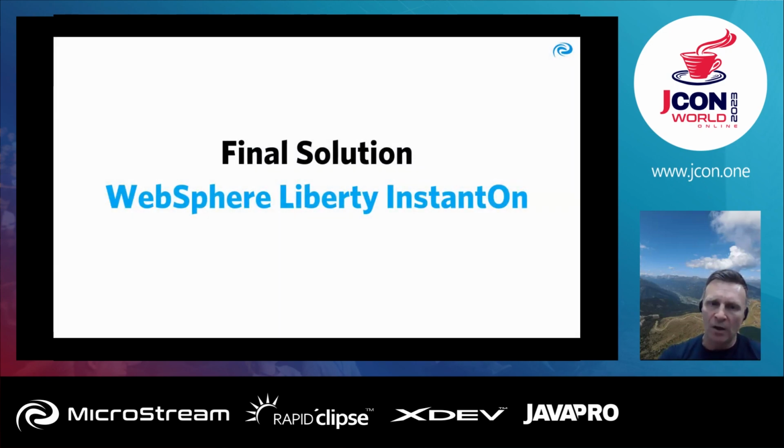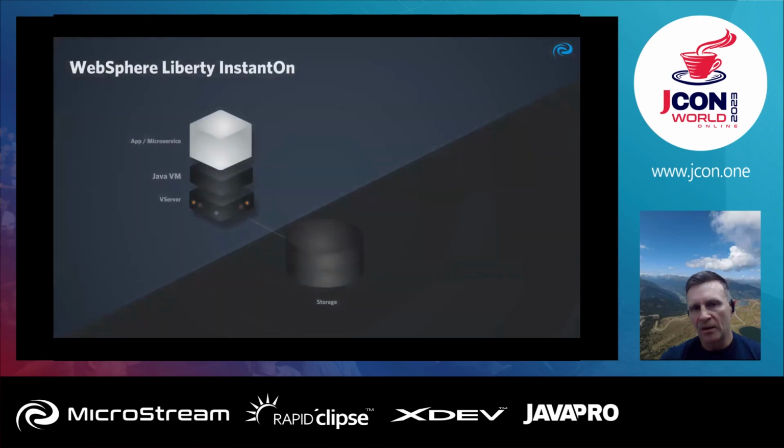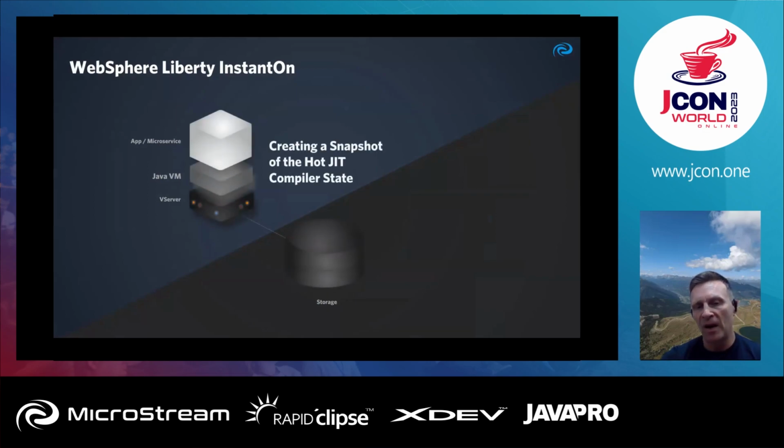So we were not really happy with using GraalVM native images in production. The final solution was WebSphere Liberty InstantOn. With WebSphere Liberty InstantOn, we were now able to store the hot JVM state and restore it on starting nodes, and this accelerates startup time tremendously.